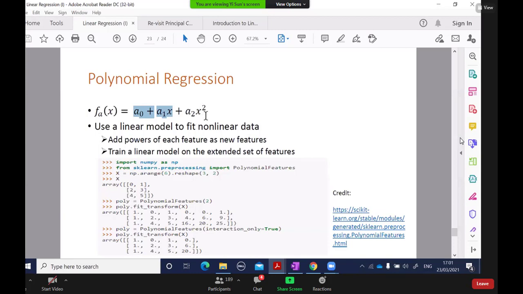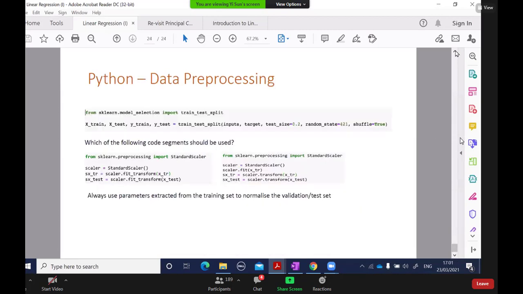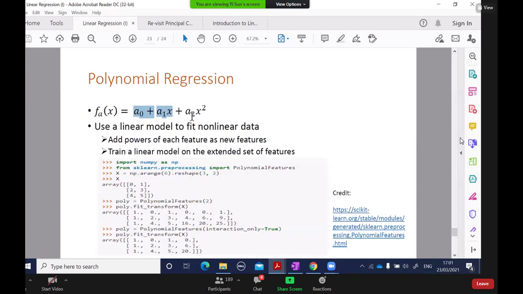This way, we can help capture the nonlinear nature in the data set. Sometimes it works, sometimes it doesn't, but you need to try. Have a look at the example here. It tells us how to generate nonlinear polynomial features.